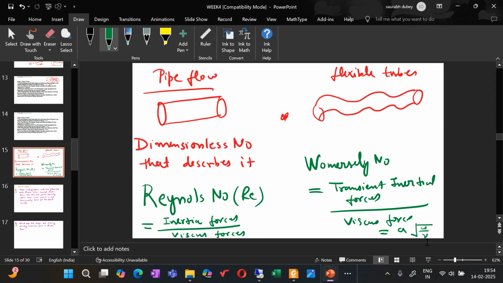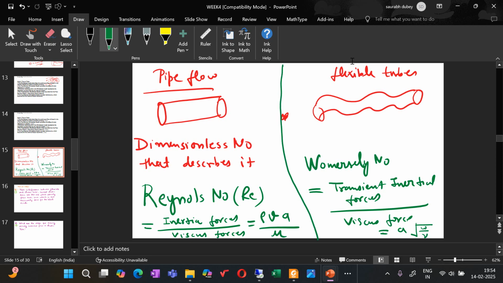Nu is the kinematic viscosity, right? And here you are saying it is rho v a, density times velocity into radius by mu, right? So this is no way different than that.